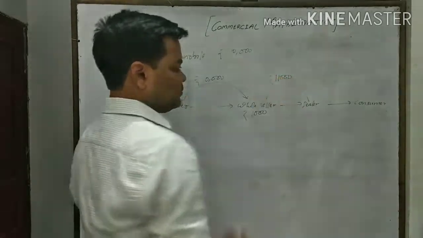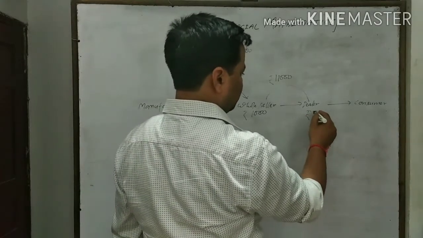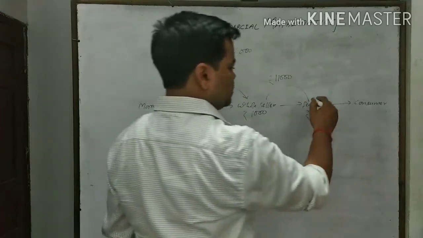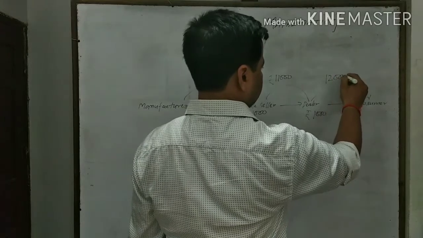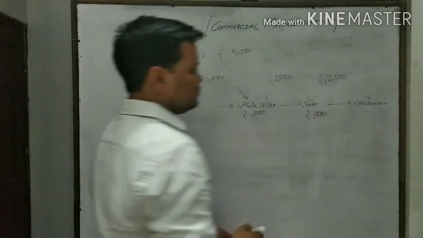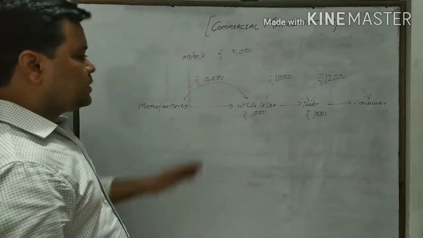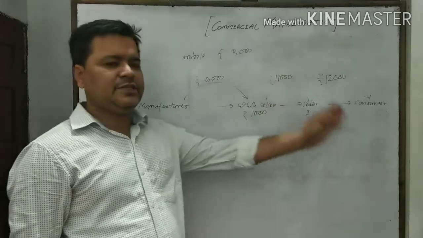Again, let the dealer take a profit of 1,000 rupees and sell to the consumer at 12,000 rupees. According to the definition of GST, it is collected by the government at different stages.